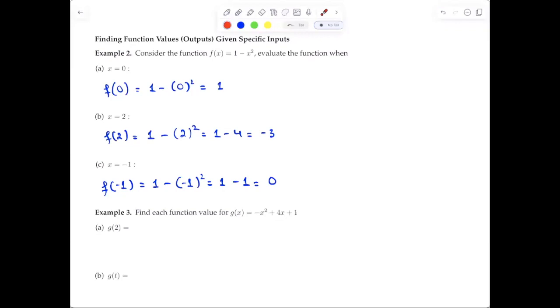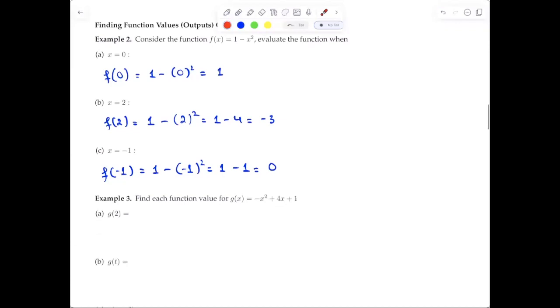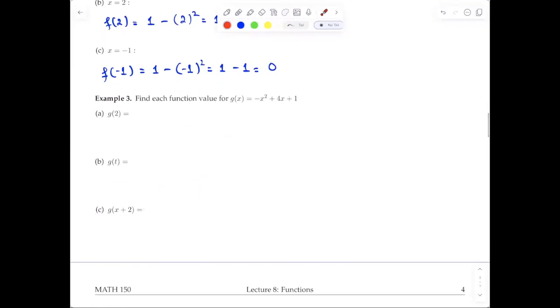So hopefully this gives you an idea how to evaluate the function at a given point. In the next example, example 3 is very similar to example 2, but it is asked a different way, right? So they tell you evaluate g of 2.